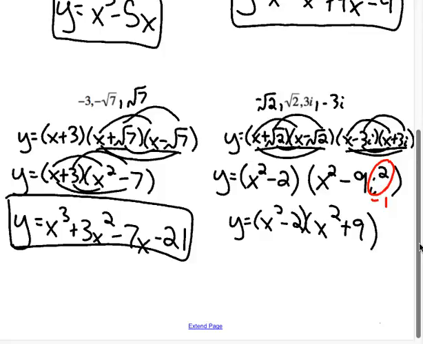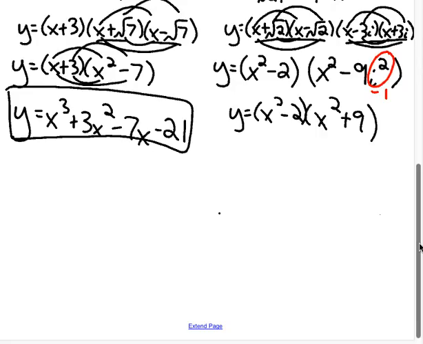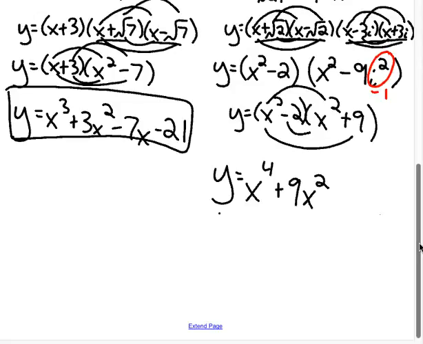And so now, if you notice, again, you're not quite in standard form yet. However, you can FOIL this out one more time. x squared times x squared gets you all the way up to x to the 4 plus 9x squared minus 2x squared minus 18.